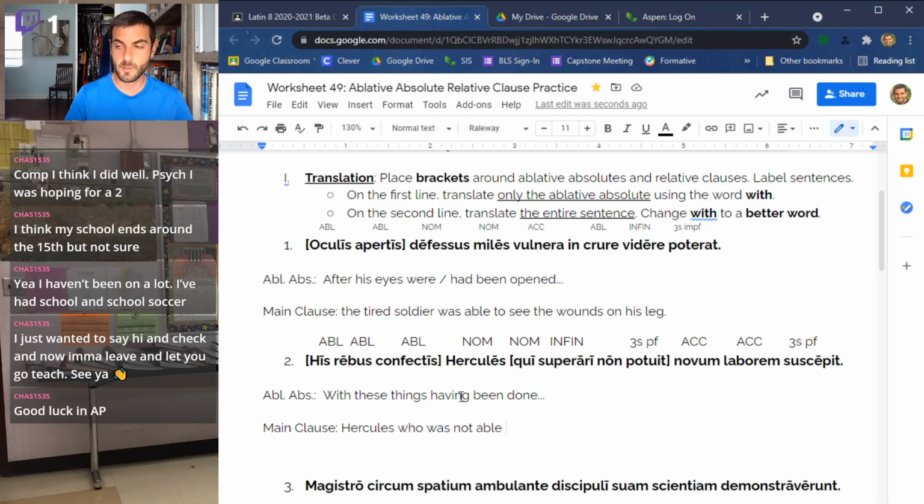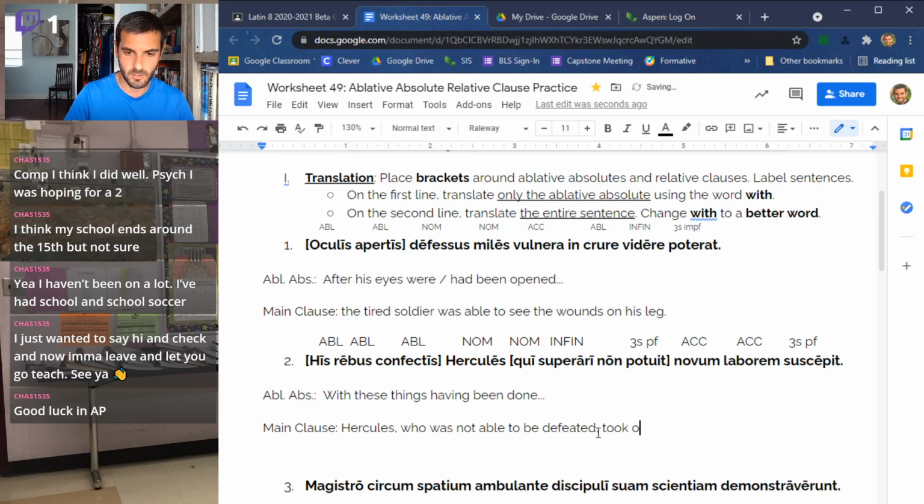Superari, as we're going to talk about when we get to the synopsis, that's the passive version. So it's not Hercules who was not able to conquer, who was not able to defeat. It's Hercules who was not able to be defeated. So that's a passive infinitive. Hercules, who was not able to be defeated, who could not be defeated is another way you could say that.